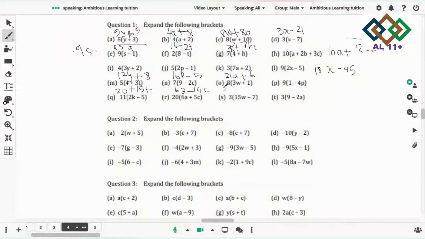O is 24w plus 8. P is 9 minus 36p. Q is 22k minus 55.